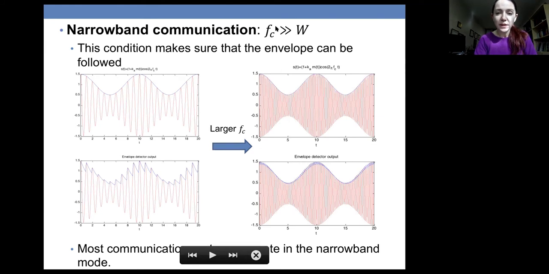So this condition, Fc much larger than W, is called the narrowband mode. A lot of communication is done in the narrowband mode. Okay, a lot of classical communication, at least.